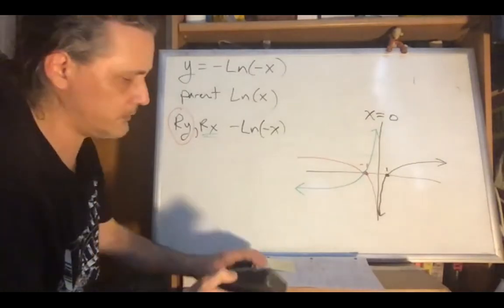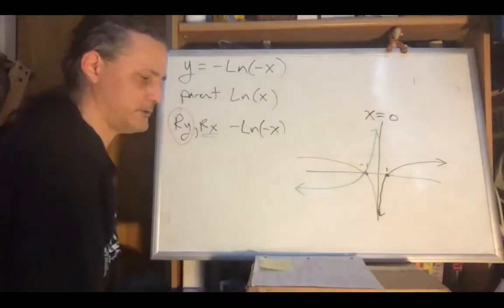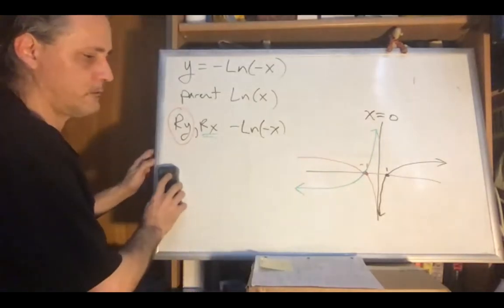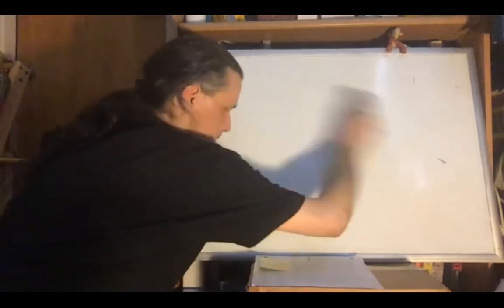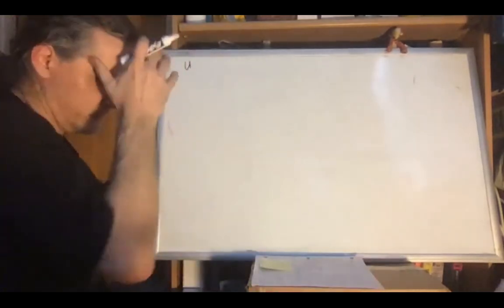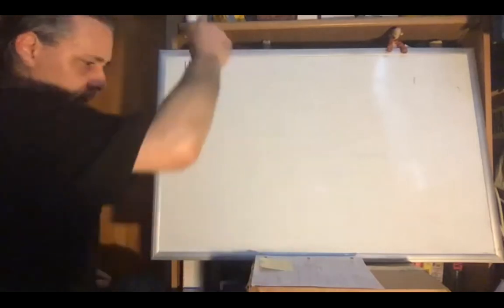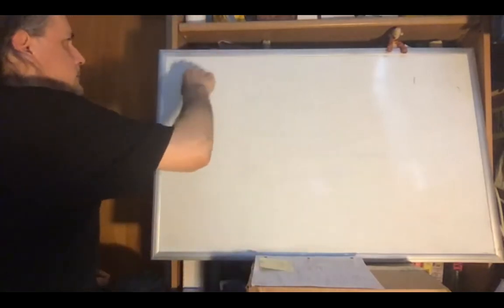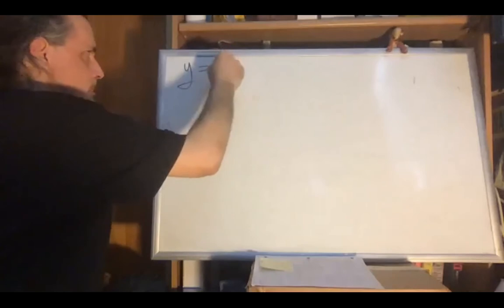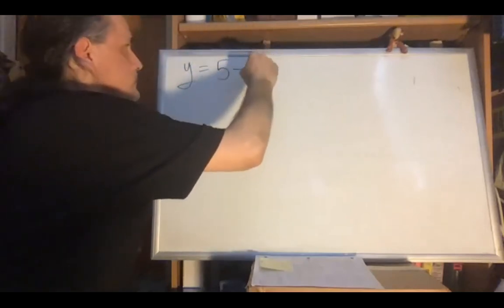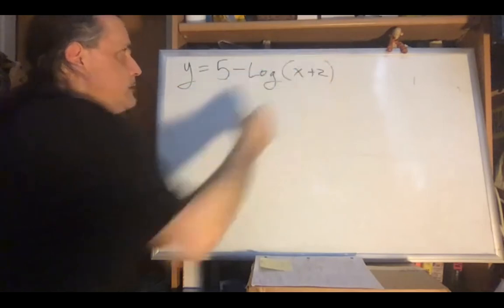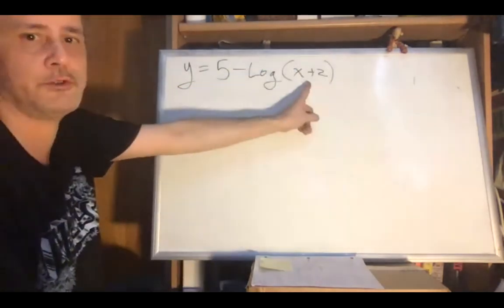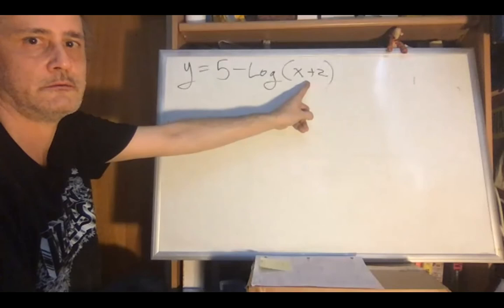All right, let's do one that has these transformation issues. So let's say we had... okay, well now we do have a horizontal translation.